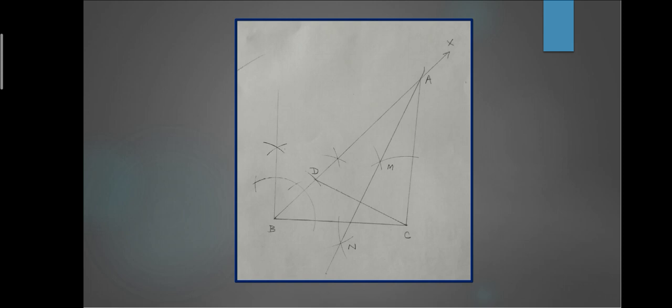So, AB minus AC will also be 3.5 centimeters as AD and AC are equal. So, we have AB minus AC is 3.5 centimeters, which was given. Hence, ABC is our required triangle.